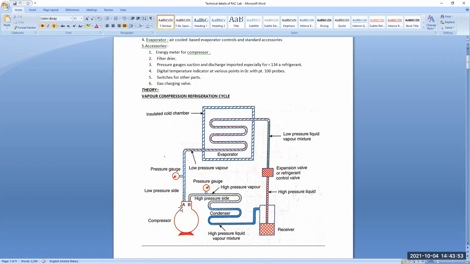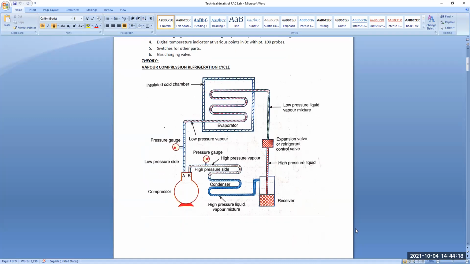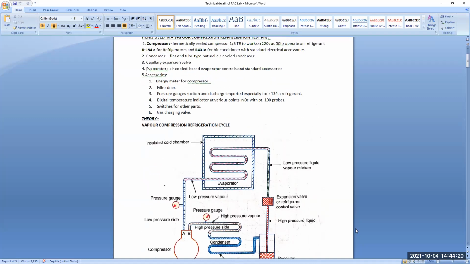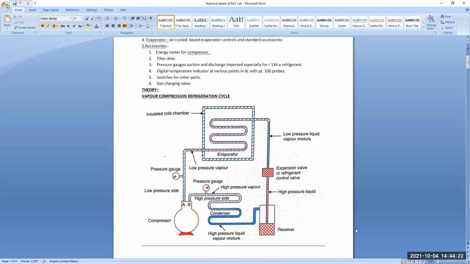At the evaporator, the refrigerant is converted from liquid to vapor, and in the condenser, it is converted from vapor to liquid. So this is more or less the cycle of the vapor refrigeration system.